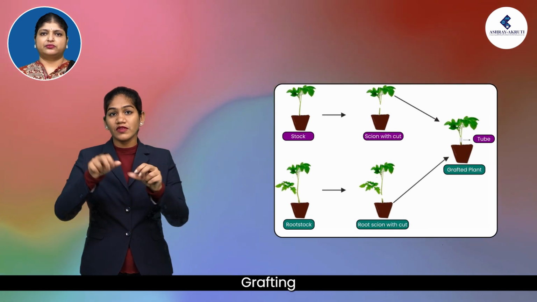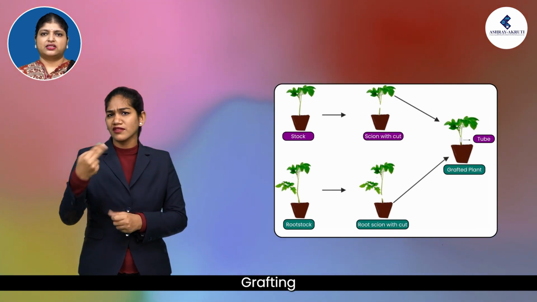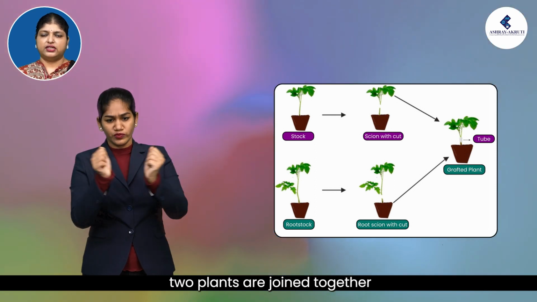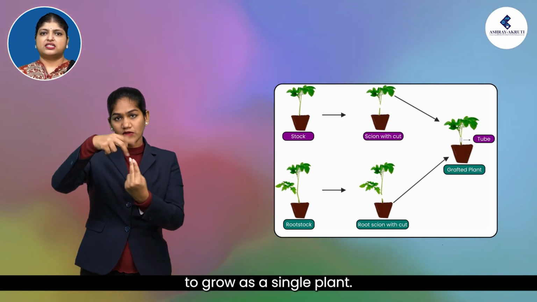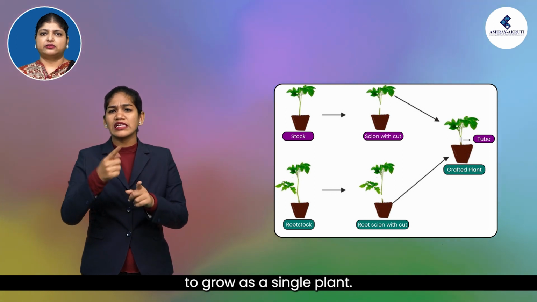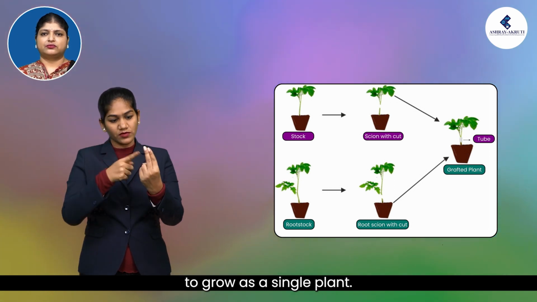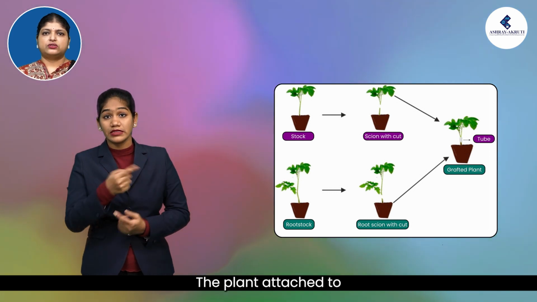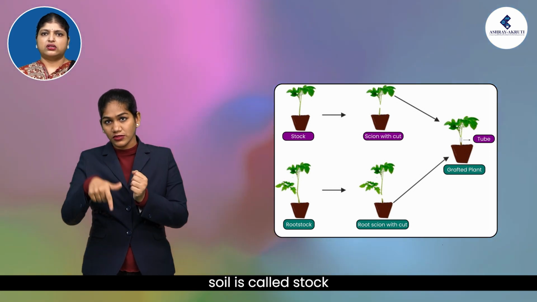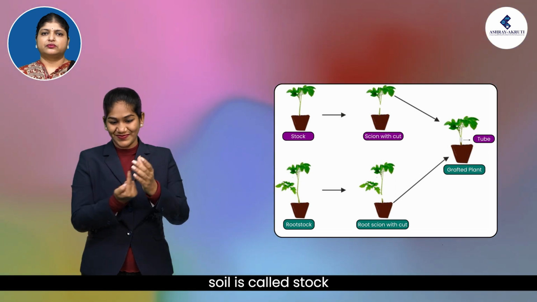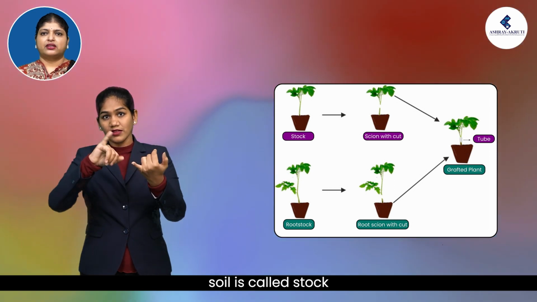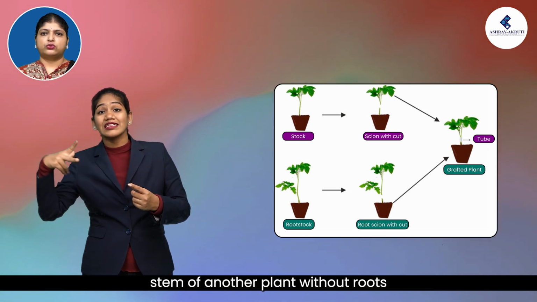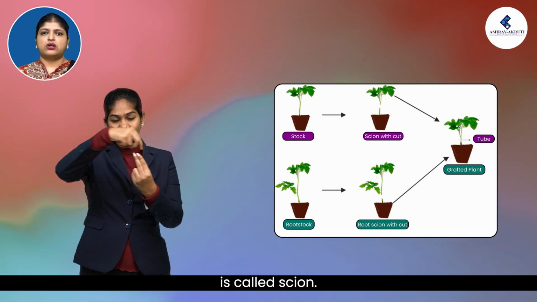Grafting. The stems of two plants are joined together to grow as a single plant. The plant attached to the soil is called stalk, and the cut stem of another plant without roots is called scion.